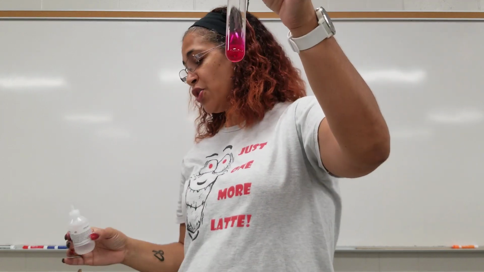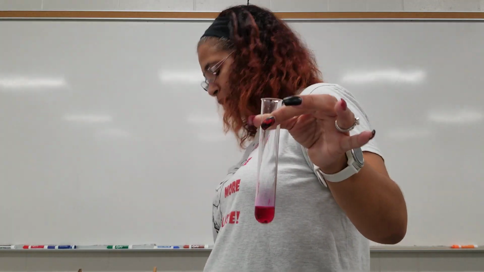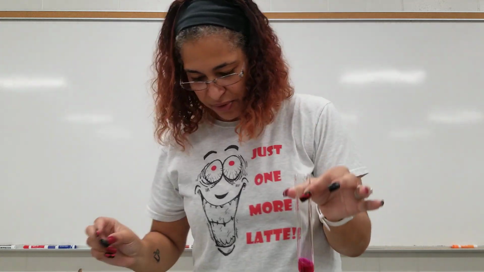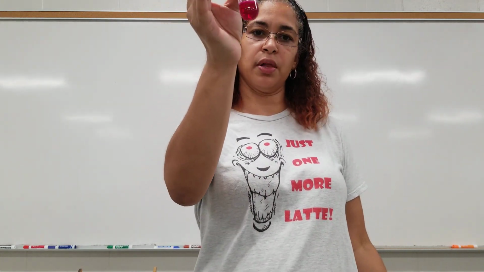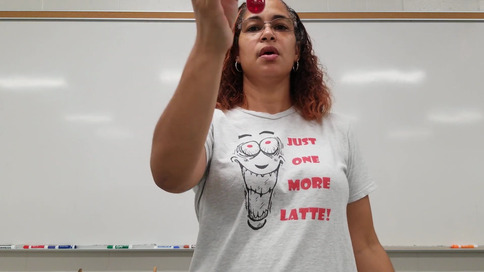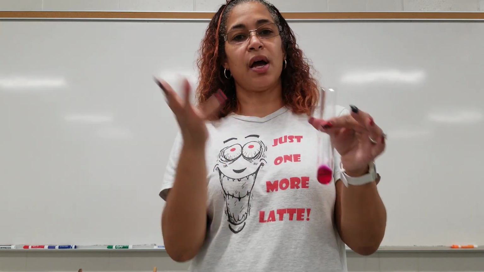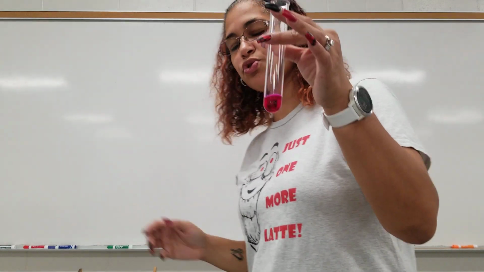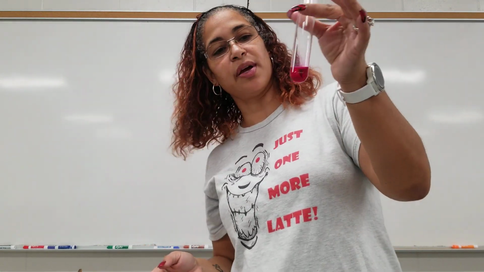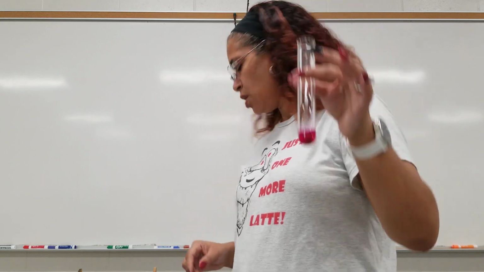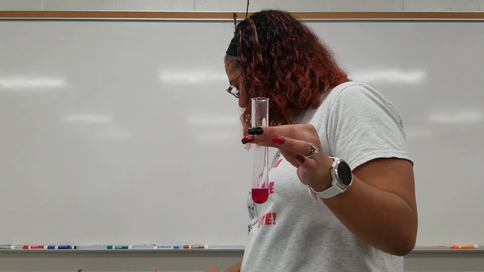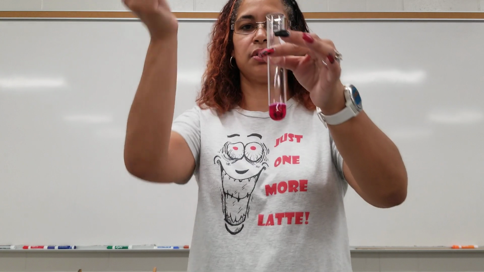Now we have gone to a pretty magenta pink type of color. The reason we have this pretty pink magenta color is because now all of the hydrogen ions have been neutralized, and as a result we have the pink solution. But what happens when we add some vinegar back into the solution?